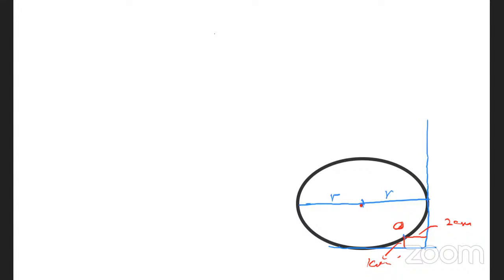So what we are going to do is use Pythagoras theorem. Pythagoras theorem means this is R, so this is also R. Radius, right? Now I don't want this R, very confusing.